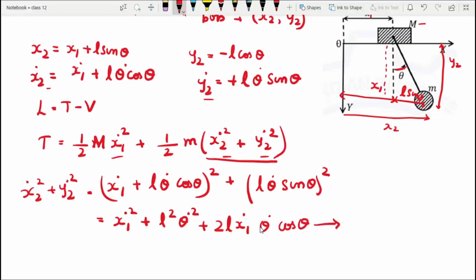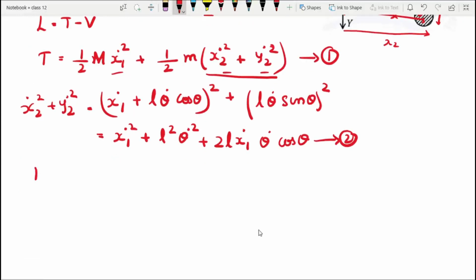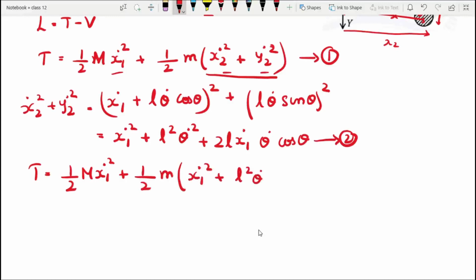Now substitute this here in T. Okay, then we will be getting T is equal to half capital M x1 dot square plus half into small m times x1 dot square plus L square theta dot square plus 2 times L x1 dot theta dot cos theta, right?